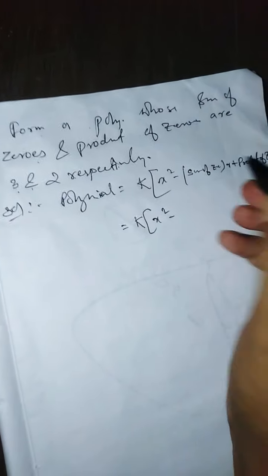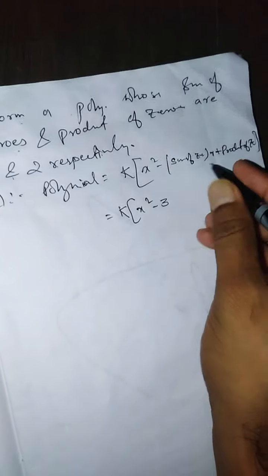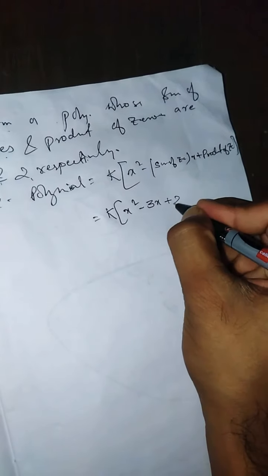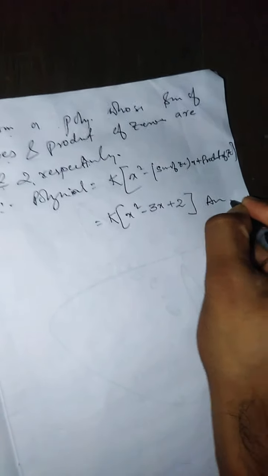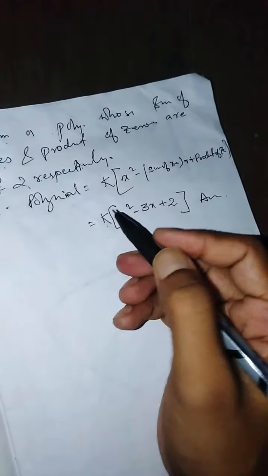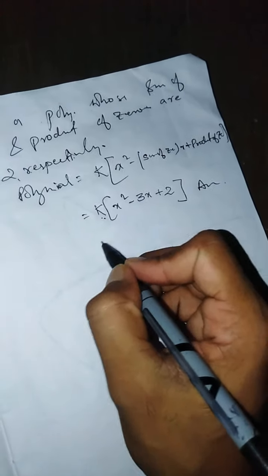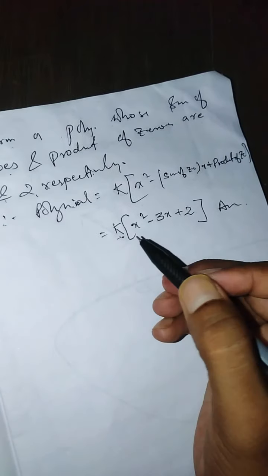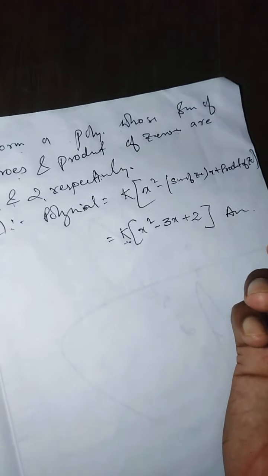So in place of sum of zeros, put 3 of x, plus the product of zeros, which is 2. So this will be your answer. K may be anything. You can put k equal to 1, 2, minus 1, or minus 3 also. So we will simply write k. K means any constant. K for constant.